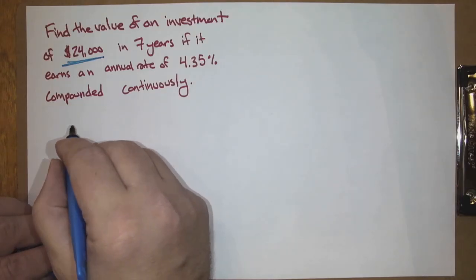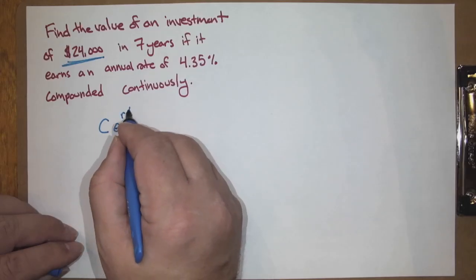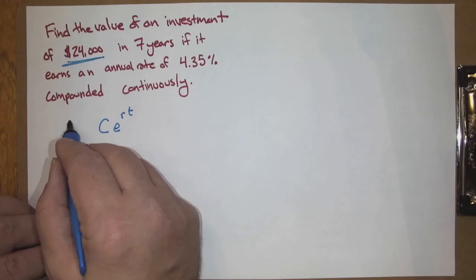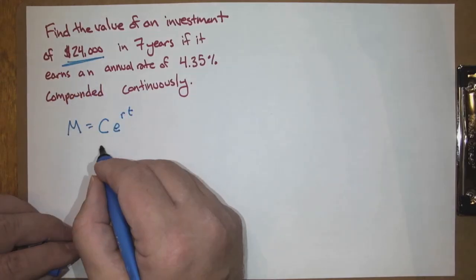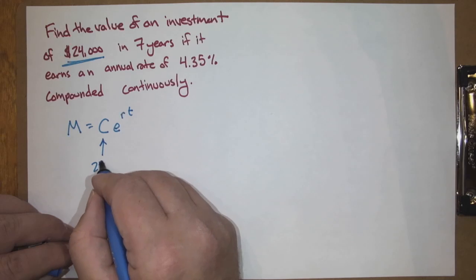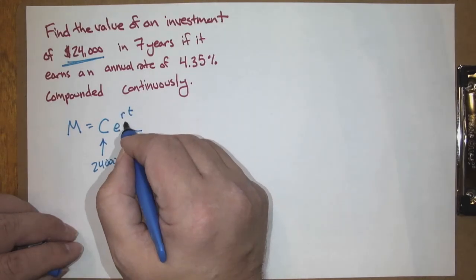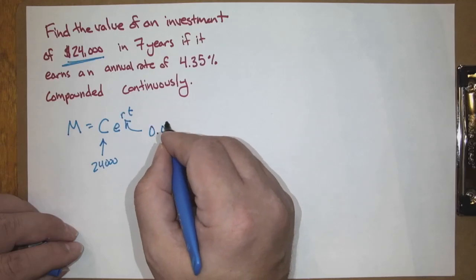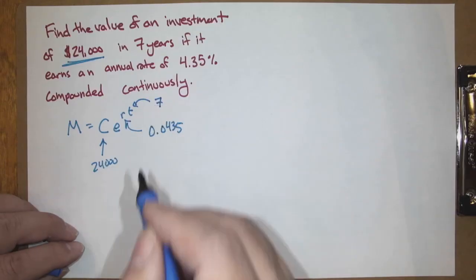So in terms of our formula, we have C e to the RT. So now the 24,000, that's our C. Our R, 4.35% becomes 0.0435, and our T becomes 7.